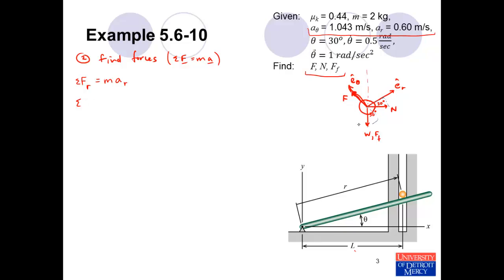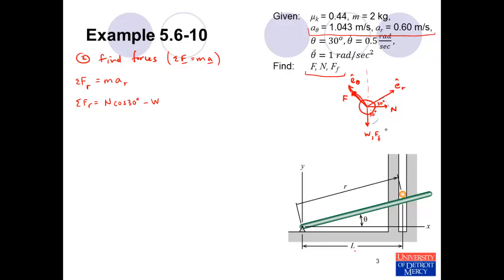If we look at the radial direction, we have a component of the normal force in the positive radial direction. The component is the adjacent side in the right triangle, so we'll use n times cosine 30 degrees. The weight and the friction force also have components. They're in the negative radial direction.